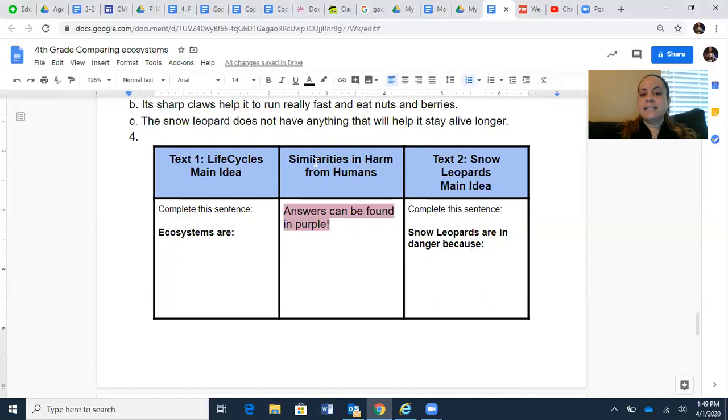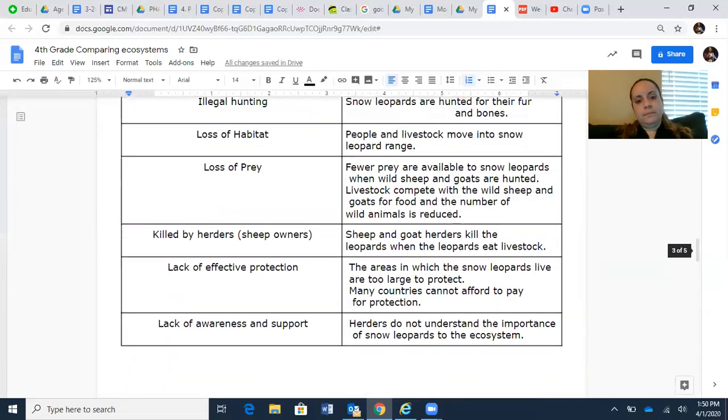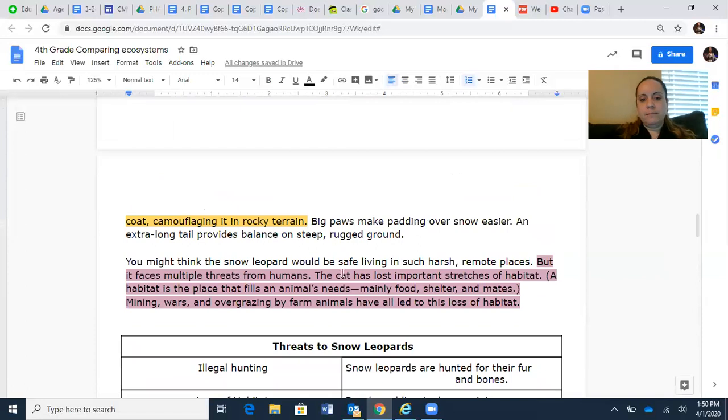Here, it says similarities in harm from humans. So in both texts, it talks about the ways that humans are threatening to kill the ecosystems and the snow leopards. It says answers can be found in purple. Let's go look. Oh, here's one. Here's purple. And I see the word threats from humans.